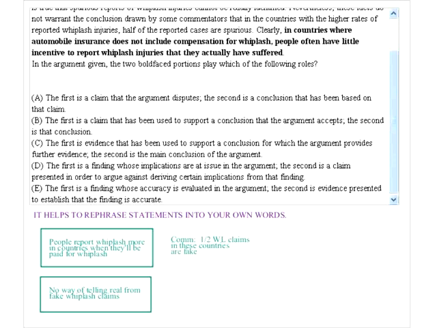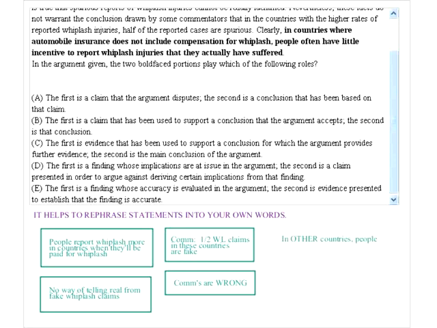And then the argument says the facts do not warrant the commentators' claim, which is a fancy way of saying the commentators are incorrect. And then in other countries, where they don't compensate for whiplash, people often have little incentive to report whiplash injuries. So in the other countries, people will underreport whiplash.